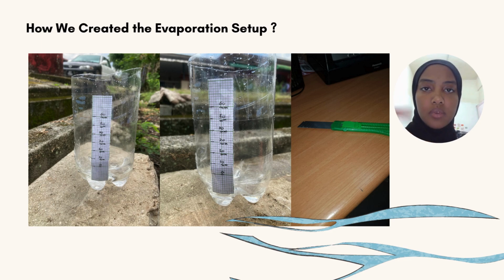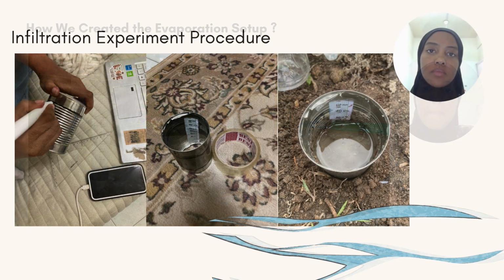We filled the bottle with a small amount of water and placed it in an open space away from shadows, shade, trees or buildings, to make sure it was fully exposed to sunlight and wind. This simple setup allowed us to observe how much water evaporated over time based on natural water conditions.